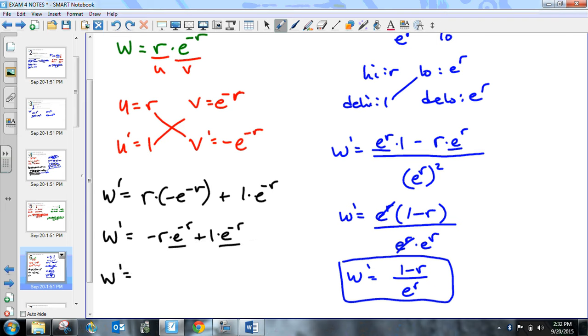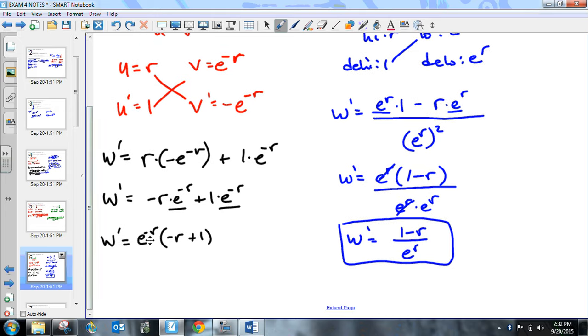So w prime is going to give me e to the negative r, and I'm going to multiply that by negative r plus 1. Since I have a negative exponent here, I can put that in my denominator. So w prime is equal to e to the r on the bottom, and I've got negative r plus 1, which is the same thing as 1 minus r. So I end up getting the same thing.